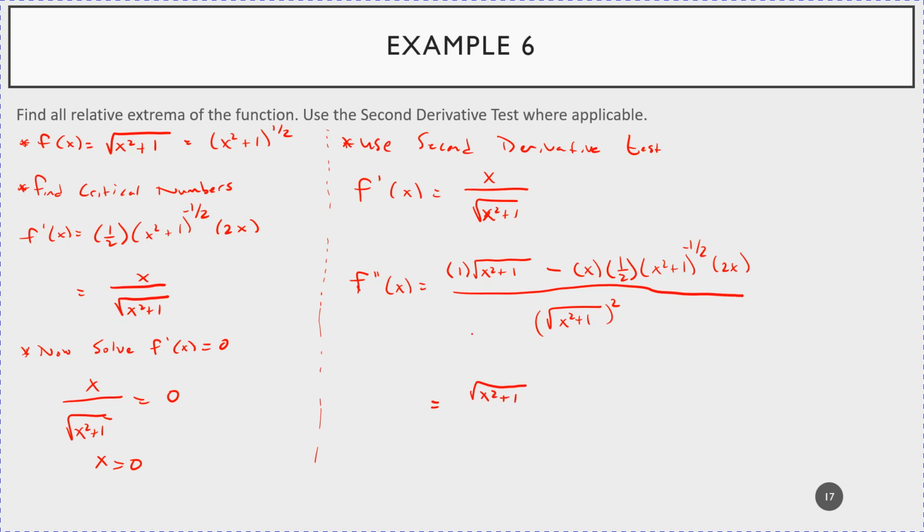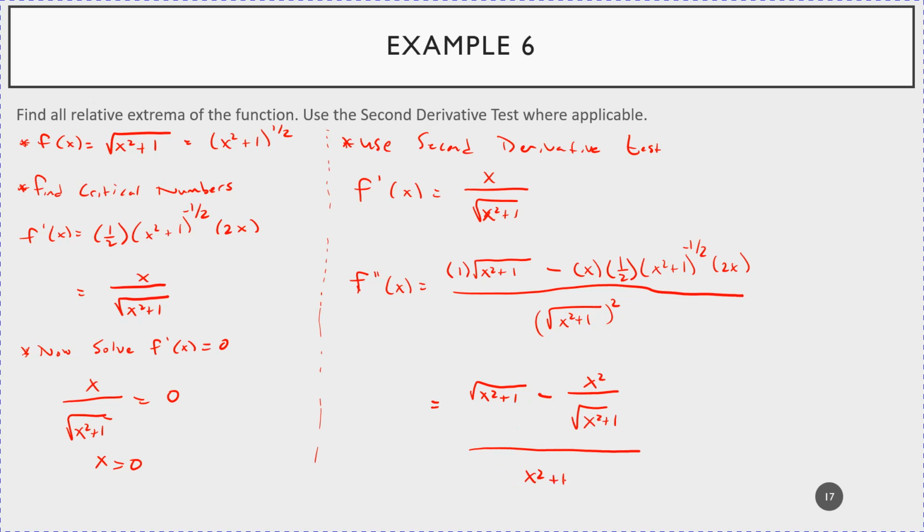Handwriting's getting a little terrible here. Minus, well look, the 1/2 goes away with the 2 here. So then I have x times x gets me x squared, all over, and then this comes down, x squared plus 1, all divided by, here, the square root squared cancels, x squared plus 1.